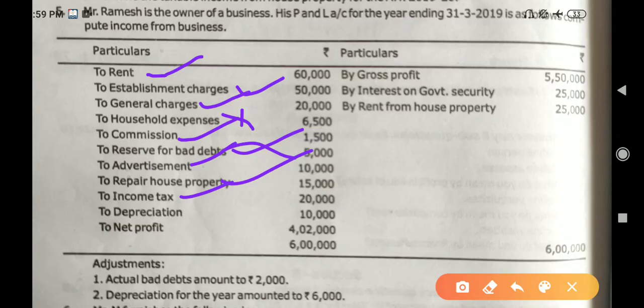You should consider that in add items. Then depreciation. If only the term depreciation is given, it is understood as inadmissible. If under the debit side depreciation allowed is given, then it is admissible, but if only the term depreciation is given, it is treated as inadmissible.